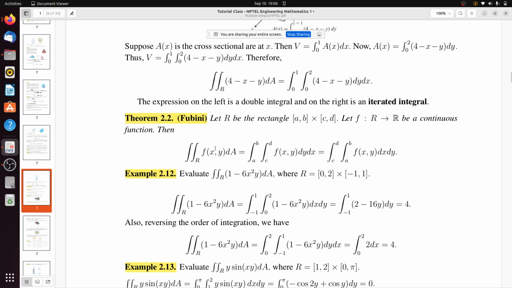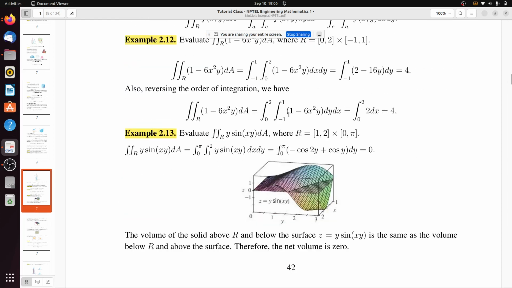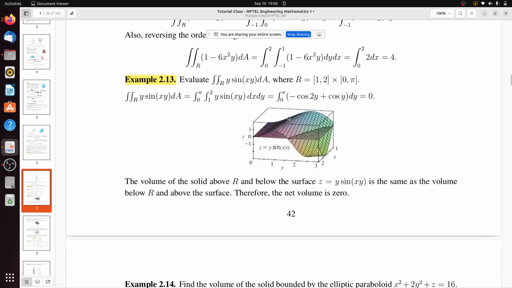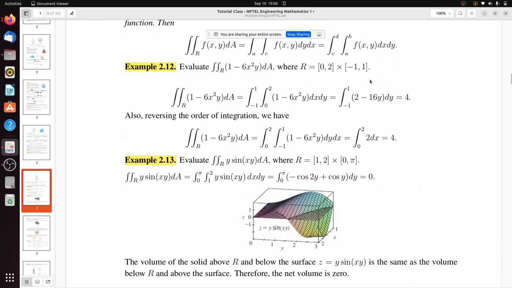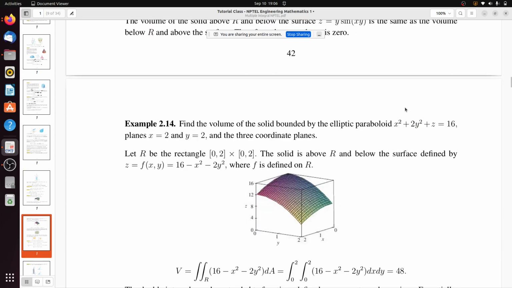So Fubini's theorem gives the relationship between a double integral and an iterated integral, and also tells us when you can change the order of the iterated integral. The sufficient condition is that the function should be continuous. So whenever the function is continuous, you can use iterated integrals, and that is how you can solve these things.